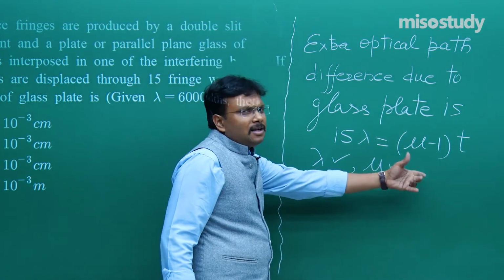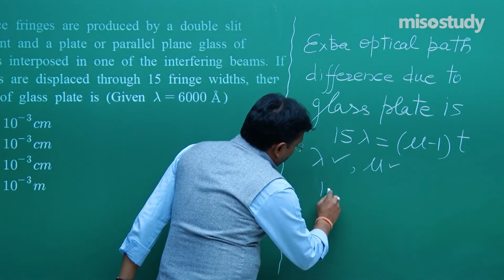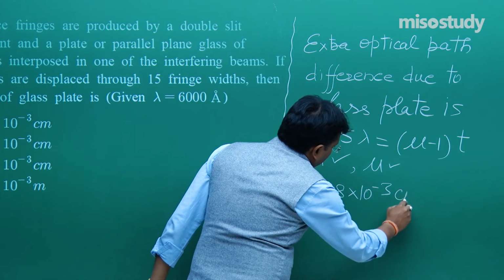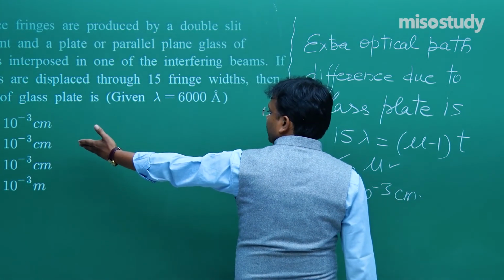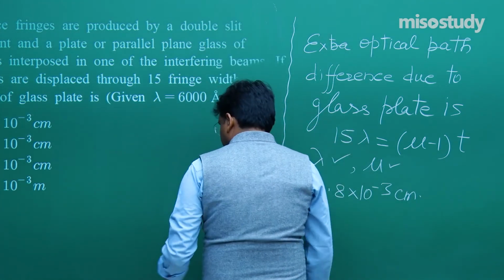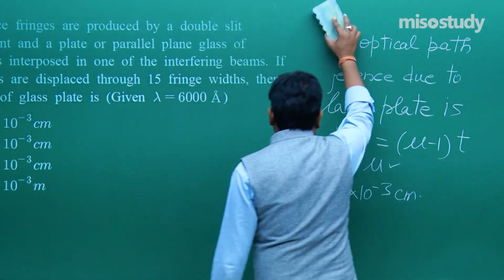So finding t is nothing but a one step calculation, that is 1.8 into 10 to the power minus 3 centimeter. Very simple question, directly formula based problem.